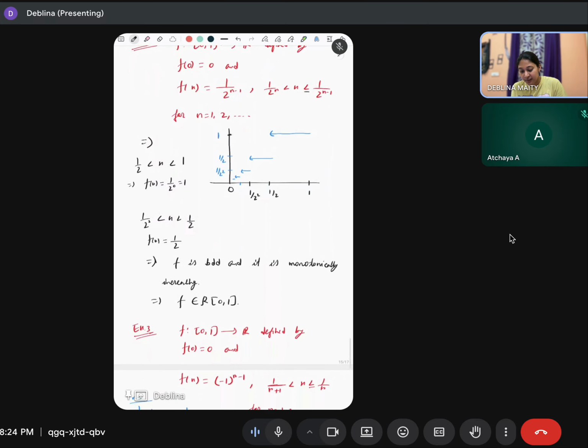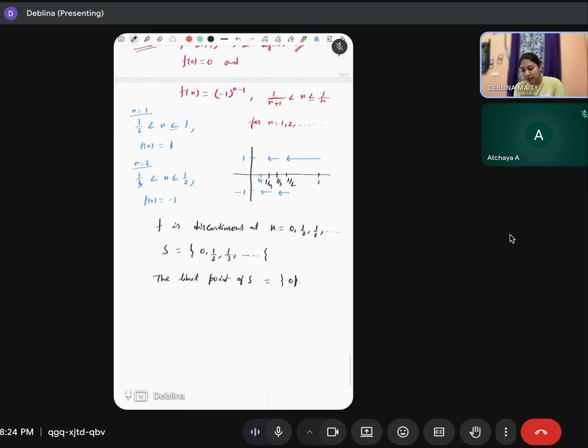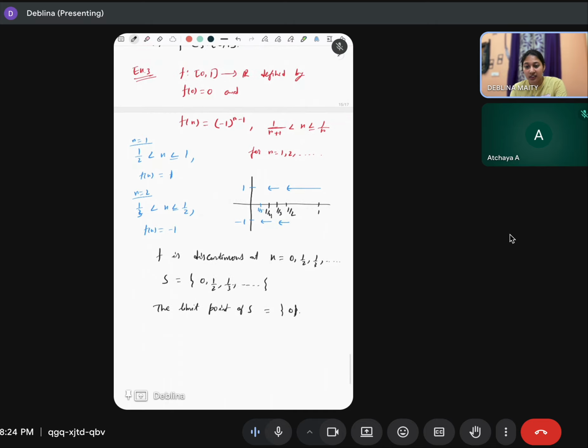So here f is discontinuous, and the points of discontinuity are infinite, but the limit point of this set S is finite, which is the singleton 0. That's why by theorem 6 f is Riemann integrable, right?